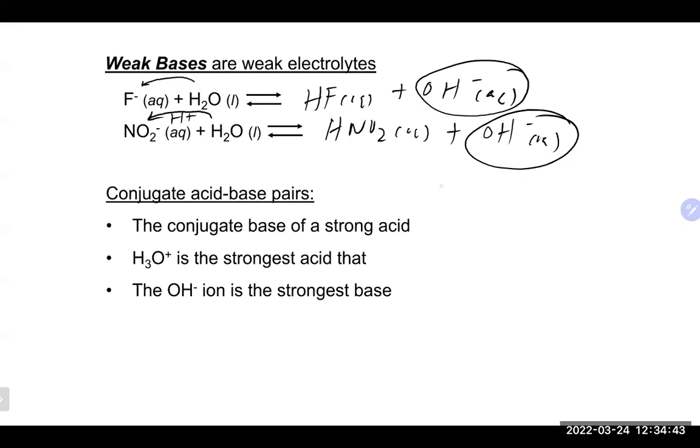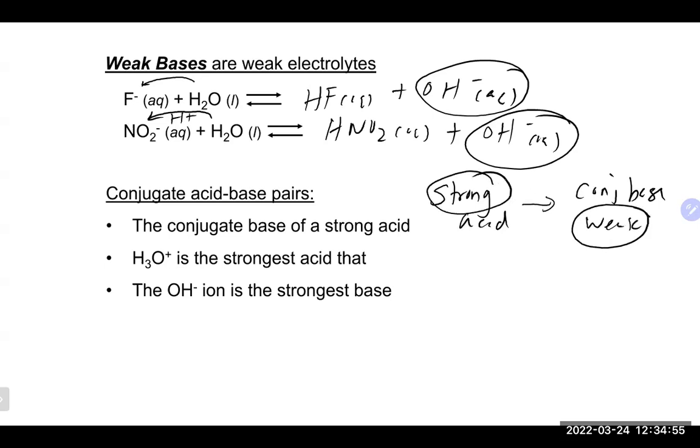So if you have a strong acid, we'll start with that, its conjugate base will be relatively weak. So there's that opposite relationship that occurs. If you've got a strong base, its conjugate acid will also be relatively weak.